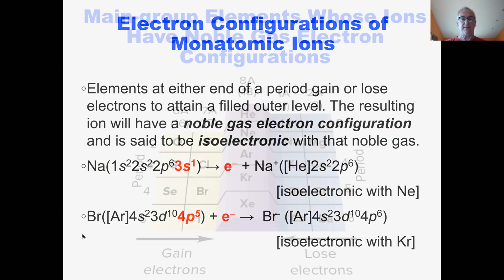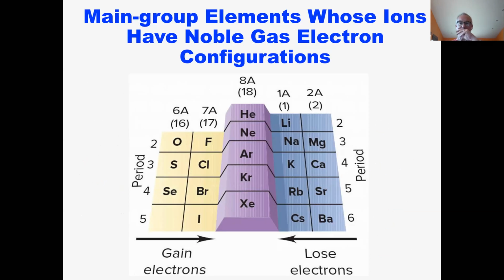And that's sort of summed up here, looking at the first two groups and the last two groups. Basically, they all want to get to the same place, and they all want to get to looking like a noble gas. This is a little confusing: the metals are labeled on the right side and the non-metals on the left side. It really should be the other way around, because the metals are obviously on the left side of the periodic table.